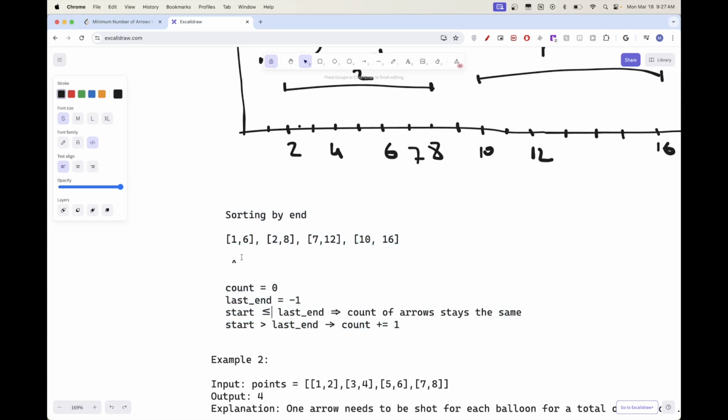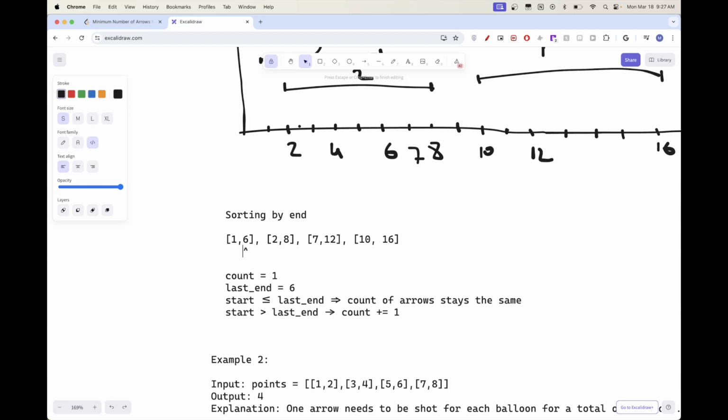Okay, and so here 1 to 6, we need a balloon at the start because there is nothing before, and so let's count by 1, and the last end is now 6. This is after sorting by end, by the way. Okay, so now we go to the next interval, 2 to 8. Well, 2, which is the start position, is smaller than 6.